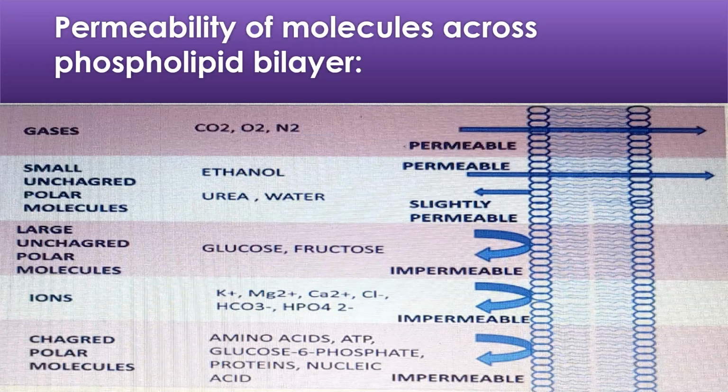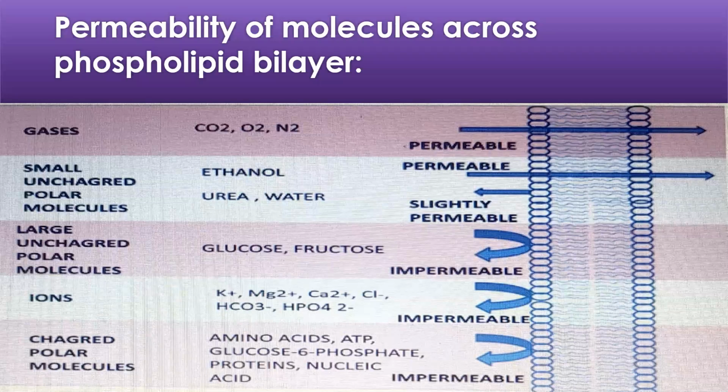Urea and water are permeable to some extent, but not that much. Larger uncharged polar molecules, like glucose or fructose, are not directly allowed to pass through the membrane, so we need permeases or transport proteins to allow them to cross.